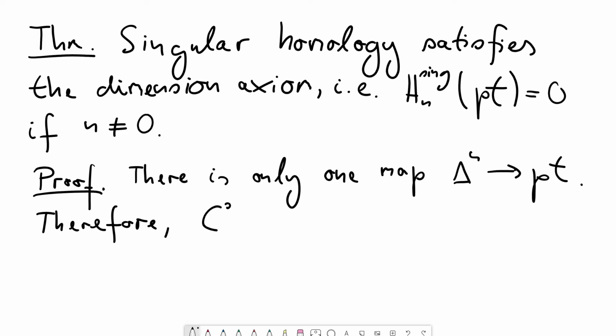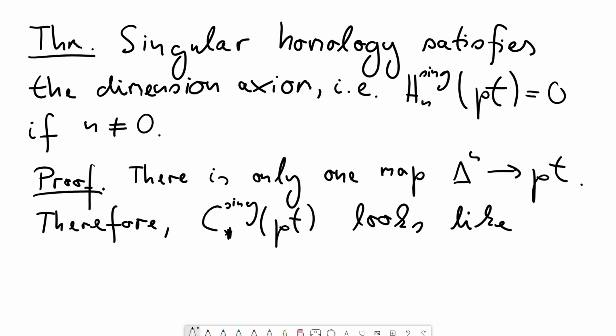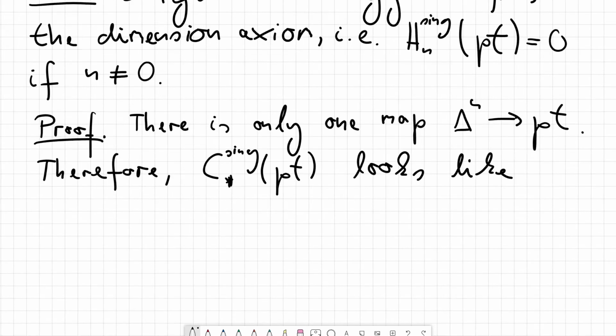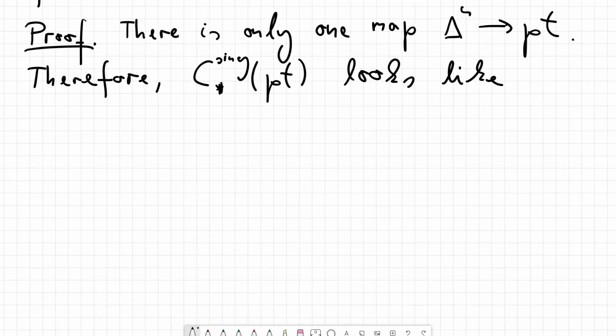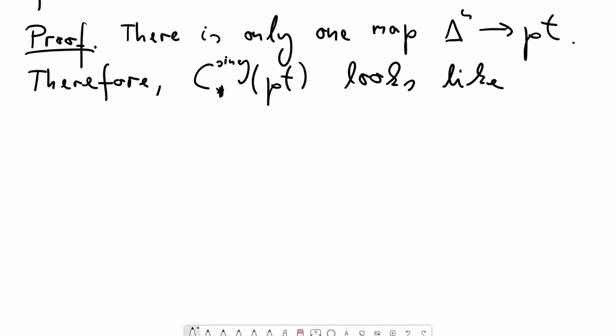Therefore, the singular chain complex of the point looks like this, so let's draw it. Remember, the nth singular chain group has as its basis all continuous maps from delta n to the point. In this case, that's only one.